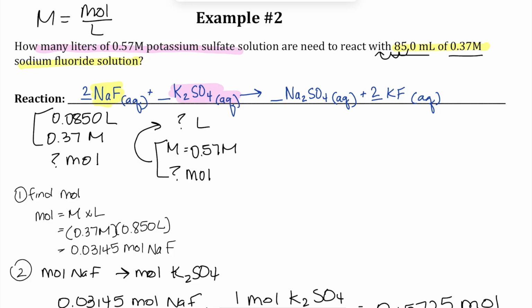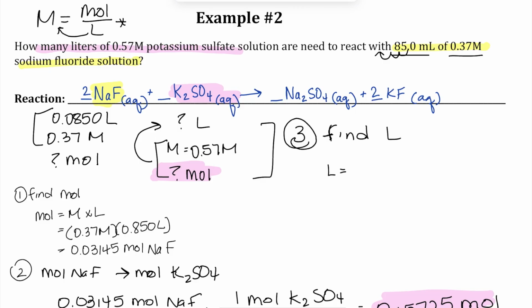And now we've found this value of moles for our potassium sulfate, and so I can lastly find my volume. So I can find my liters given that molarity relationship. And again, if we rearrange this formula, liters and molarity are going to switch. So liters is moles divided by molarity.